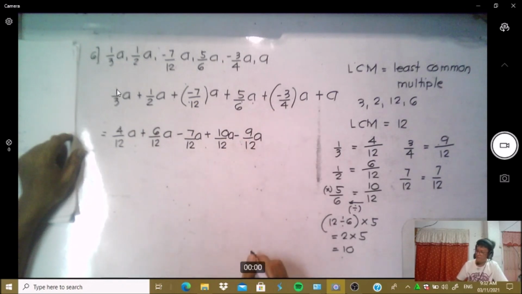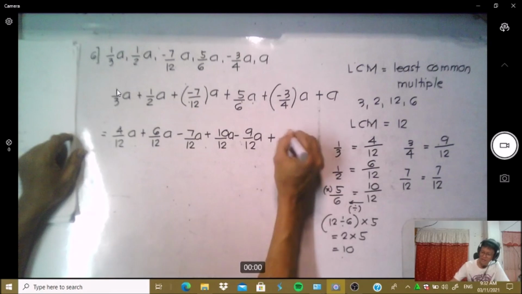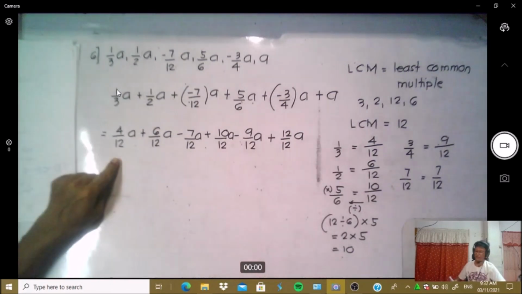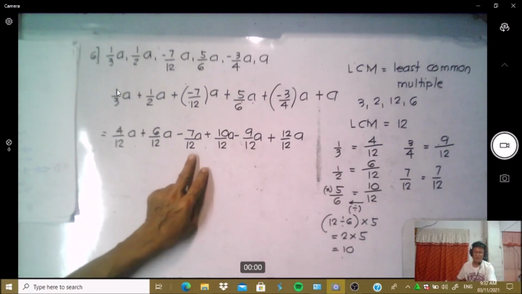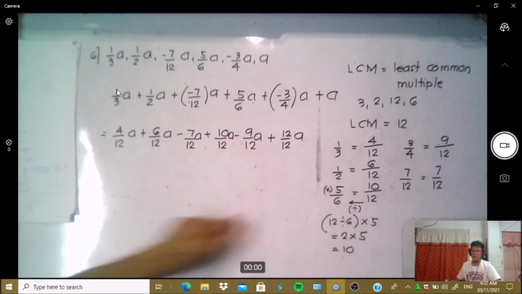Then plus A, that is 12 over 12 of A. So we have 4 over 12, 6 over 12, negative 7 over 12, 10 over 12, 9 over 12 for 3/4, and 12 over 12.